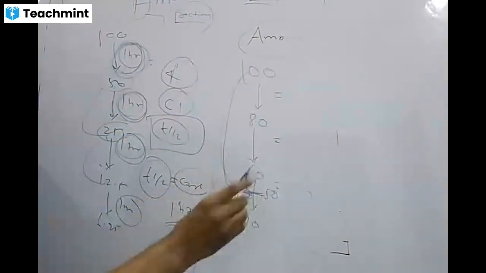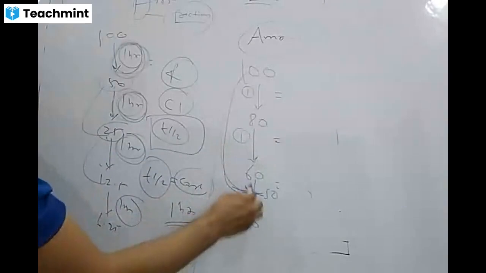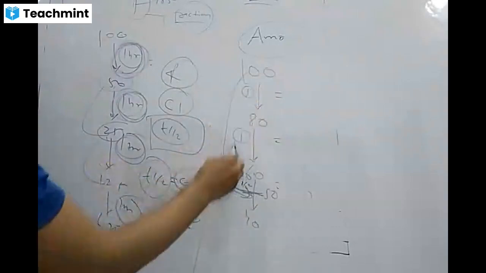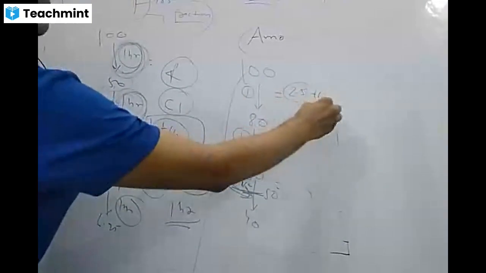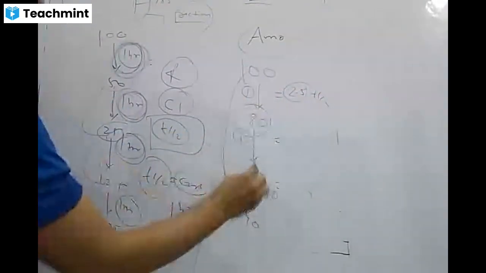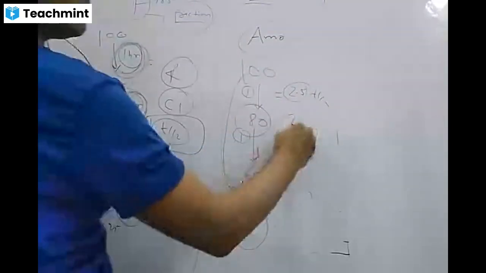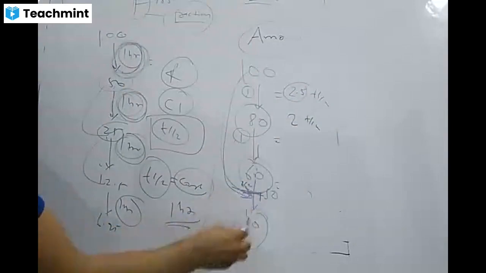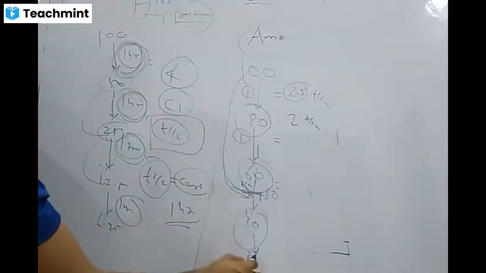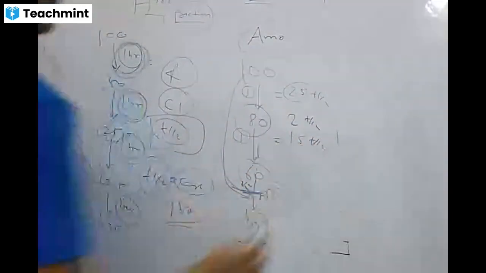From 100 to 60 is 1 hour, and from 60 to 50 is half, so 1.5. Then from 80 to 40, it will take 2 half-lives. Then from 60 to 30, it will be 1.5 half-lives.